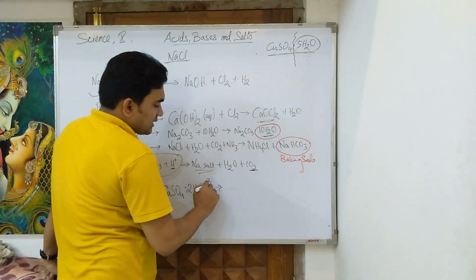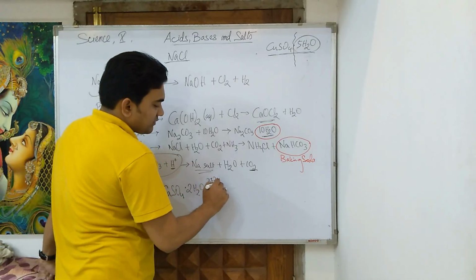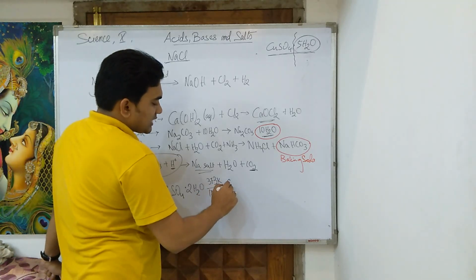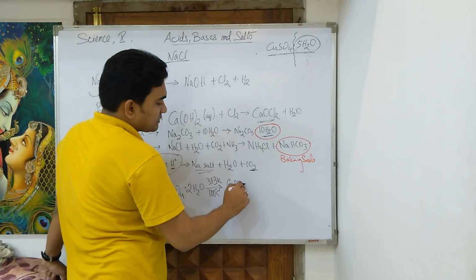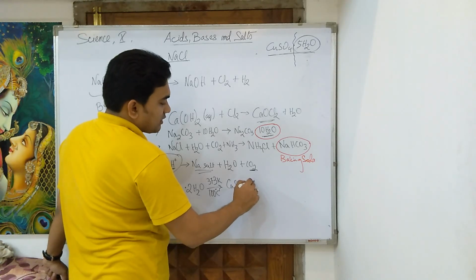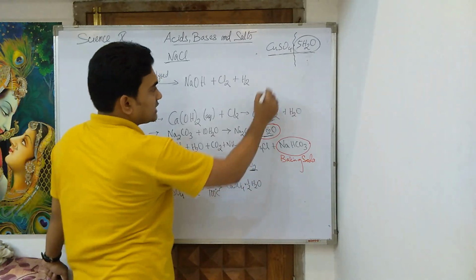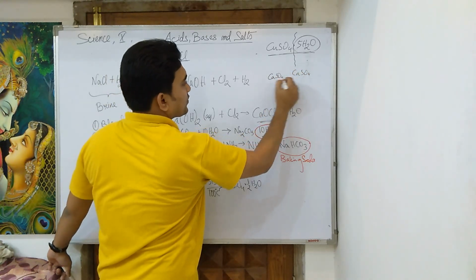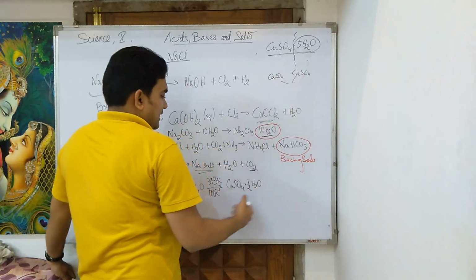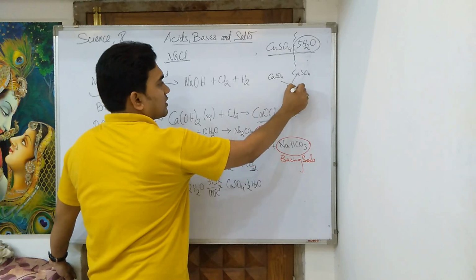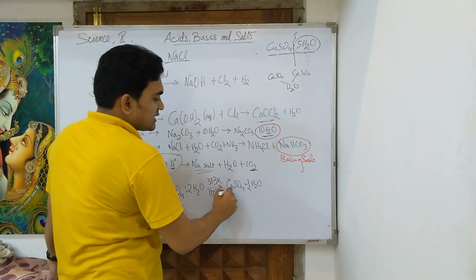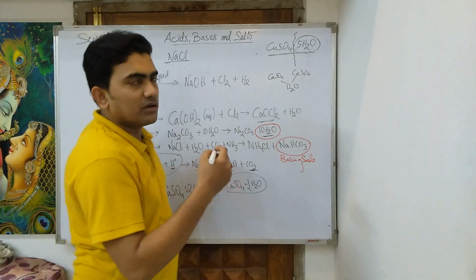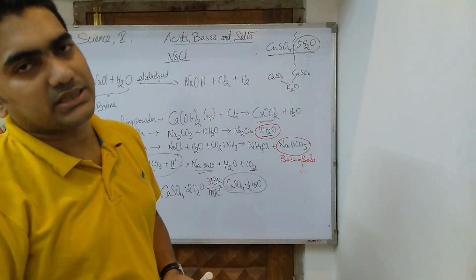If we heat it at 373 Kelvin, or simply 100 degrees Celsius, we get a new compound called calcium sulfate hemihydrate. This half H2O means that two calcium sulfates are attached to one water molecule. This is very popularly known as plaster of Paris.